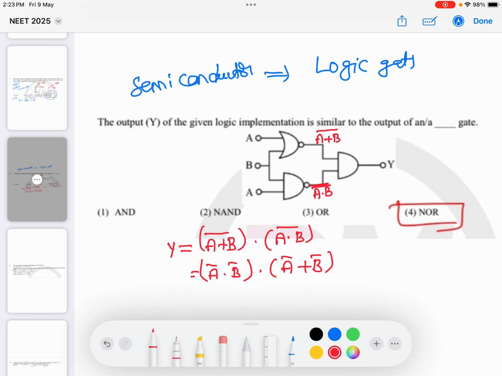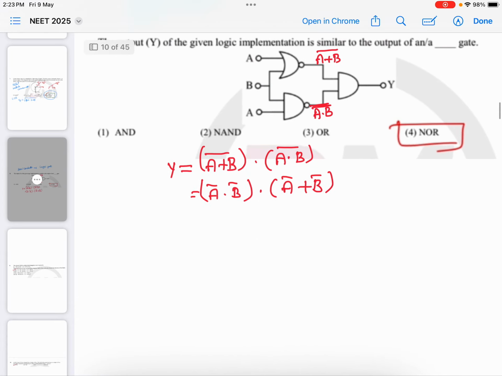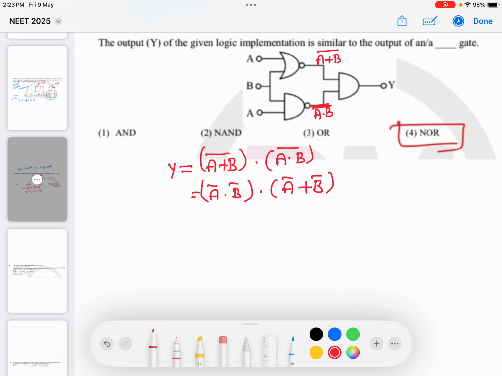You operate on the expression again like this, which is equal to A complement and A complement dot B complement, and A complement, B complement and B complement.